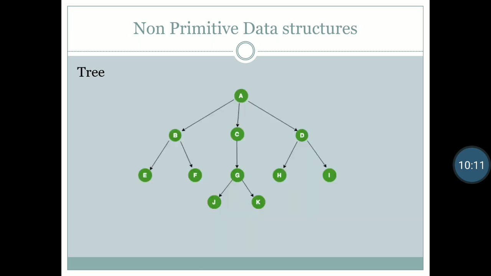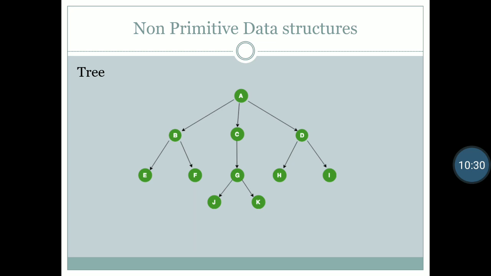Another example of non-primitive data structure is tree. Here we can see an example of a tree in the figure. We have node A which has 3 branches.